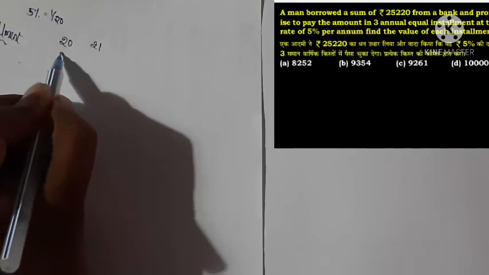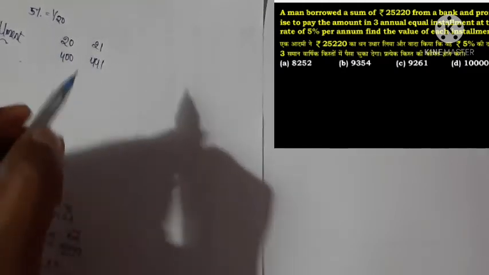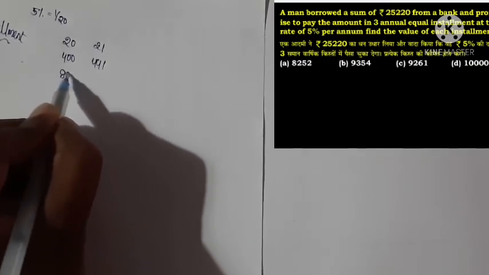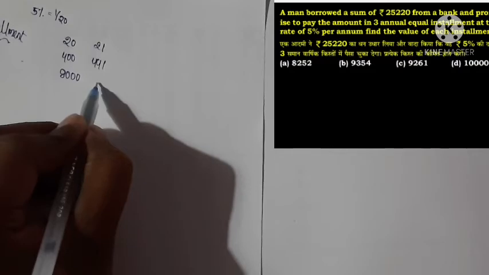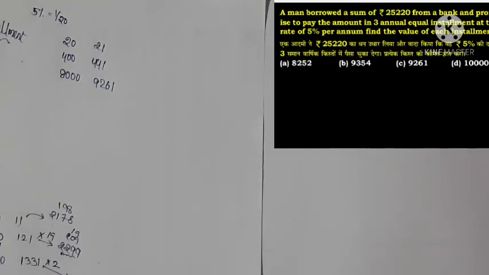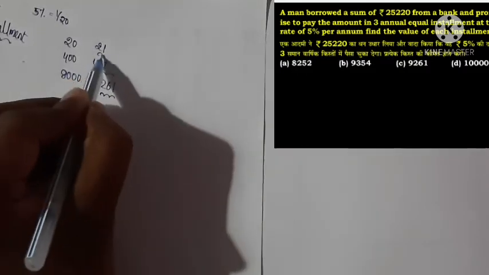So for second year 400. So installment is 441. For third year the price is 8,000. Amount is 9261. He pays the amount in 3 annual equal installments. That means the installment is equal.